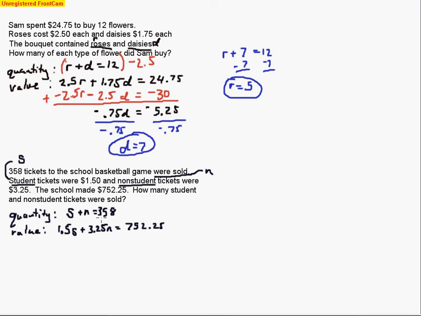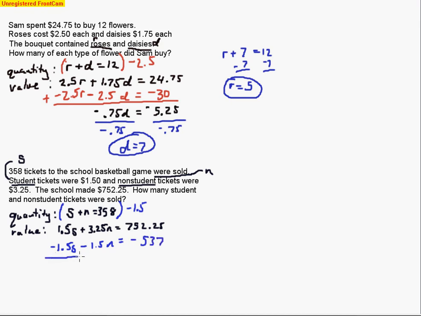All right, well, elimination is a good method. We'll try it again. We could multiply that top equation by some number. It would be easier to multiply it by negative 1.5, because 1.5 is easier to multiply than 3.25. So negative 1.5 S, and then minus 1.5 N equals 358 times 1.5. You're basically taking half of 358 and adding it to 358, and that gives you negative 537.